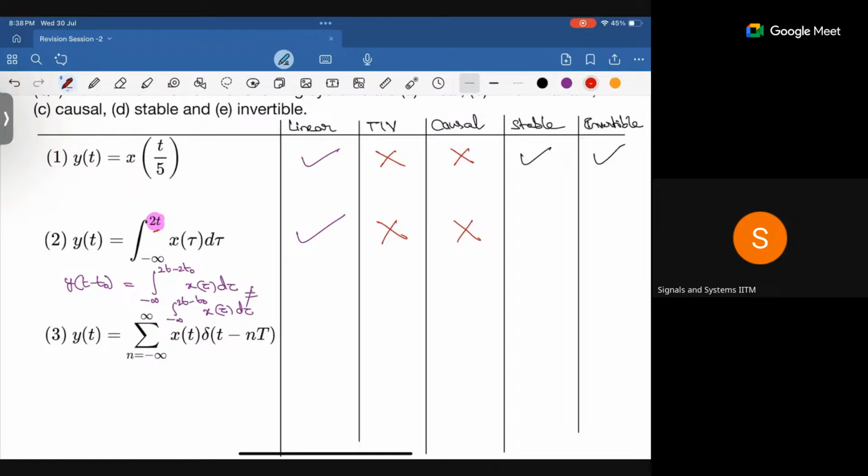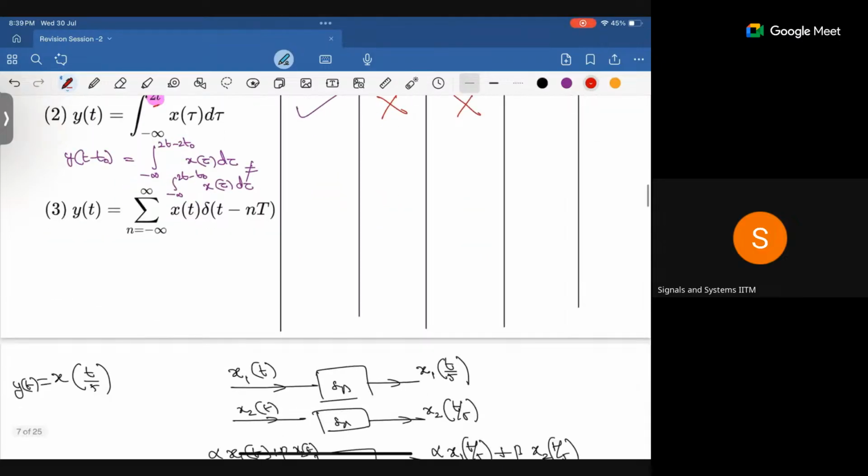Surprisingly, u of t helps us in many possible ways. If you take x tau to be u tau, the standard unit step signal, then the integral of the unit step will result in, what is the integral?